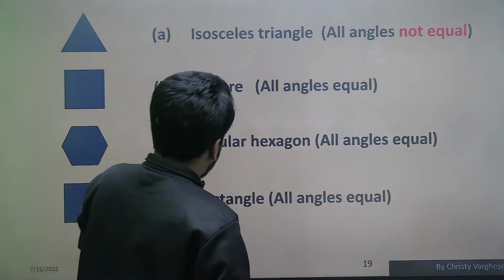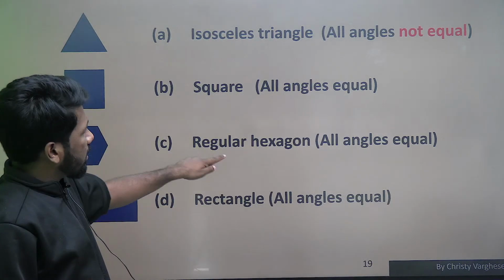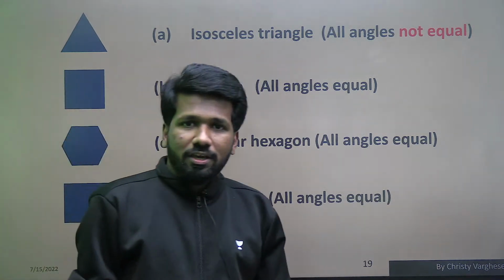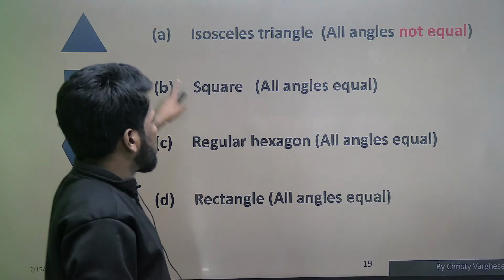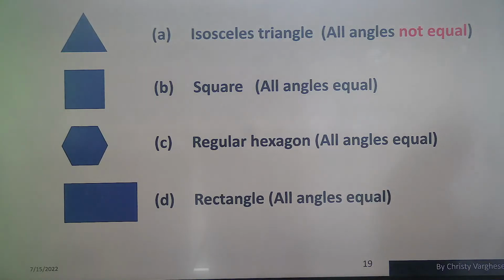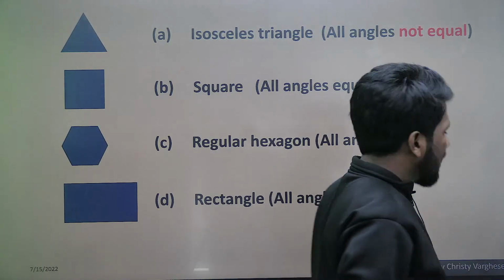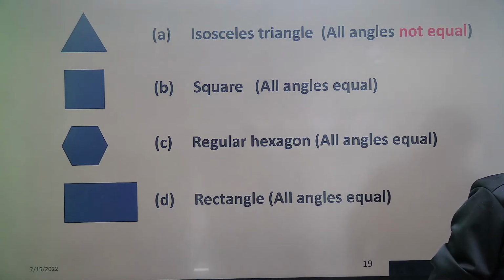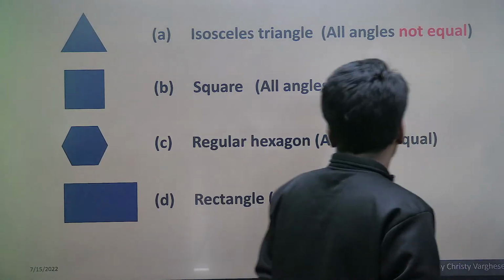Rectangle, all angles are equal. Or we can say rectangle, regular hexagon, square, these three polygons are equiangular polygons. But isosceles triangle is not an equiangular polygon. So that is why the odd one out will be isosceles triangle. Please respond, is this clear or not? So option A is the answer.